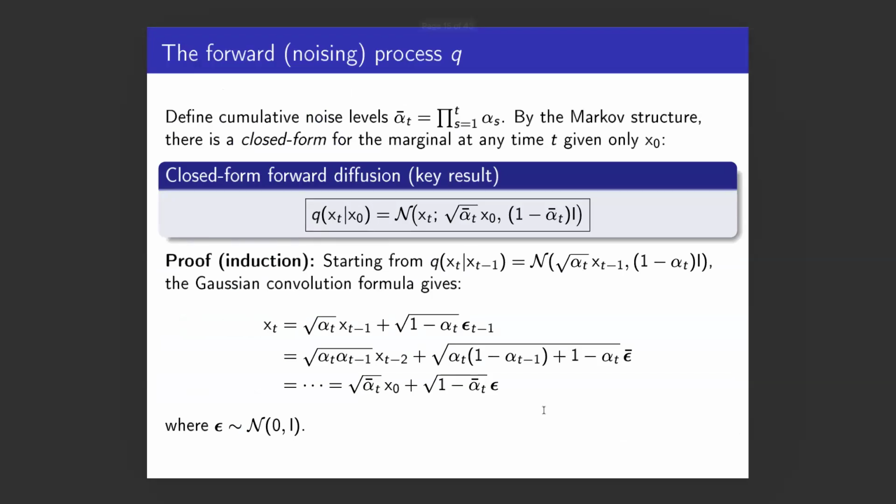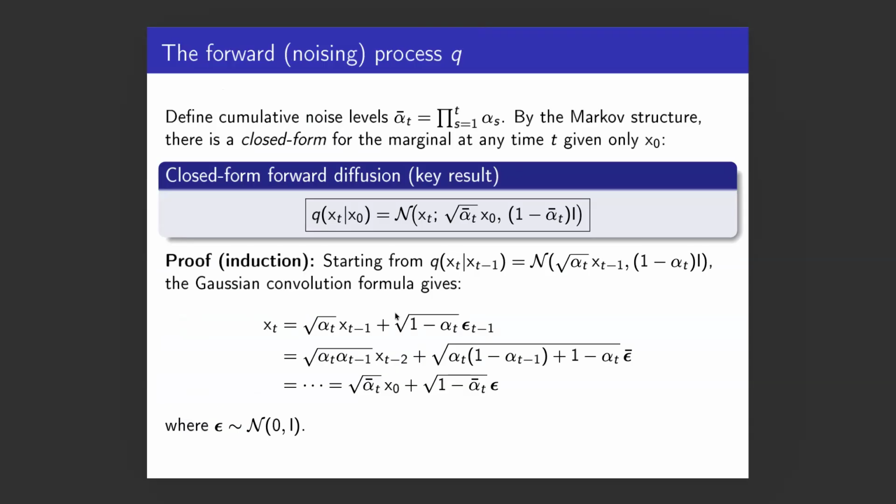So if you now look at the basic mathematics, you would have all these cumulative so-called noise levels. And by using this Markov structure, you actually have a closed form for these marginals at any time t, when you only have given x. The closed form expression is given by this one, which is now a multivariable Gaussian.